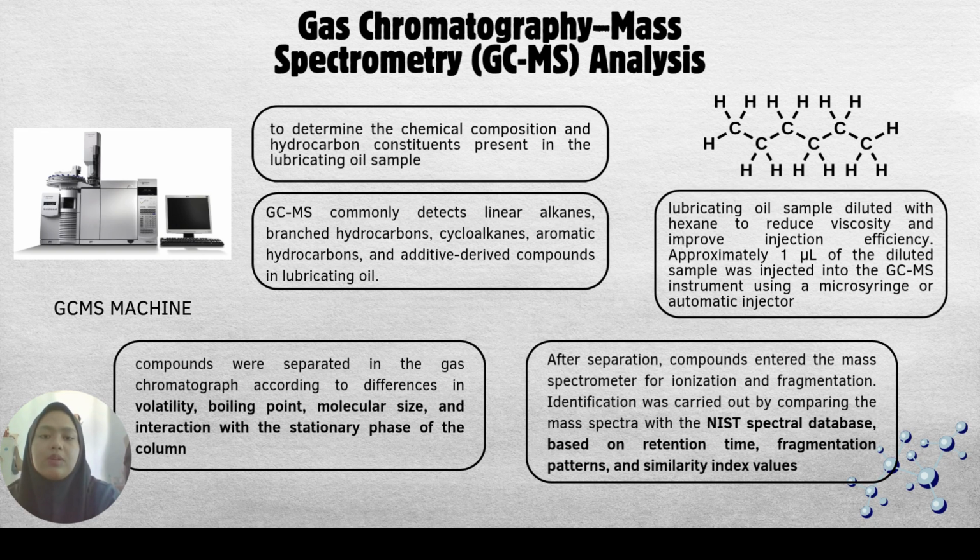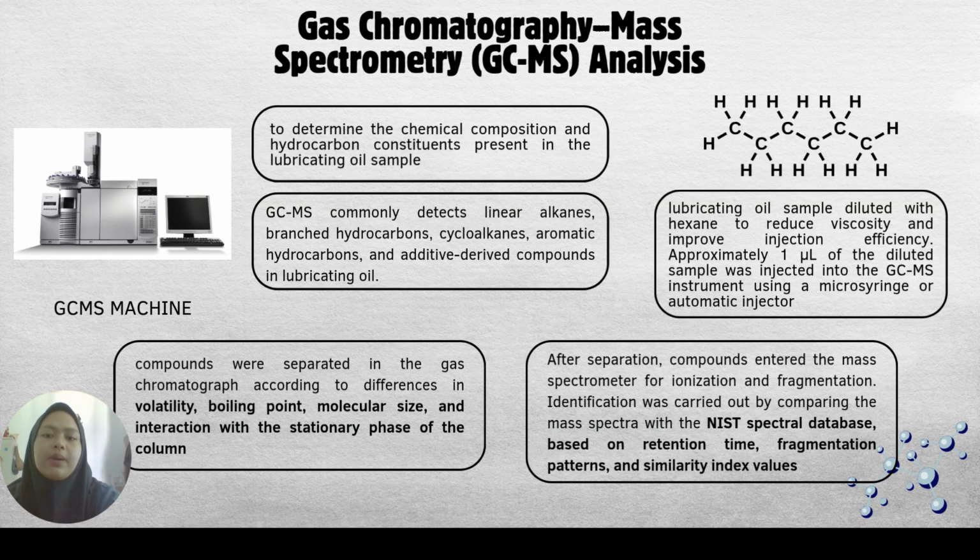During analysis, compounds were separated in the gas chromatograph according to the difference in volatility, boiling point, molecular size, and interaction with the stationary phase of the column. Lower molecular weight compounds eluted earlier, while larger hydrocarbon molecules required a longer retention time. After separation, compounds entered the mass spectrometer for ionization and fragmentation.